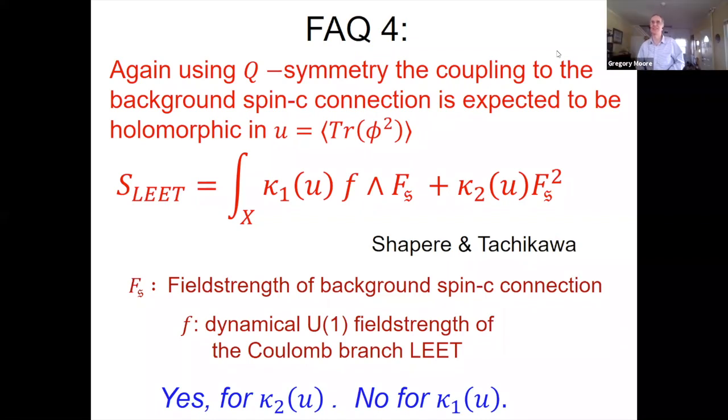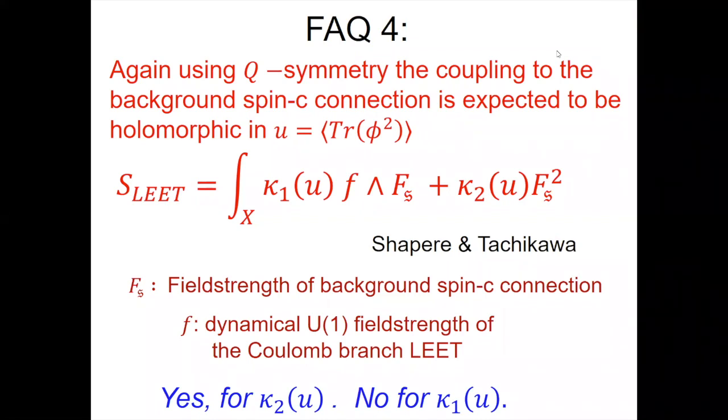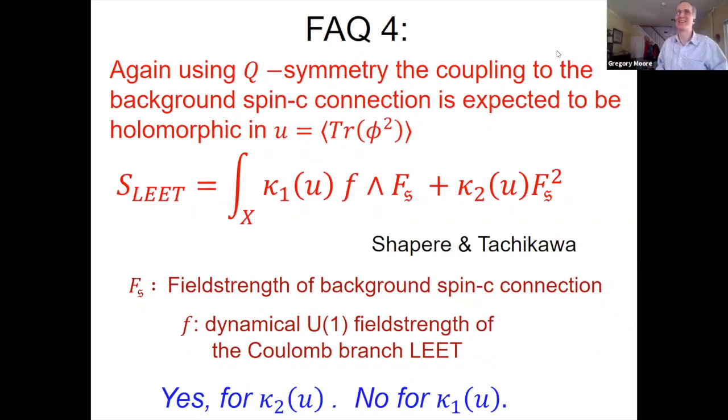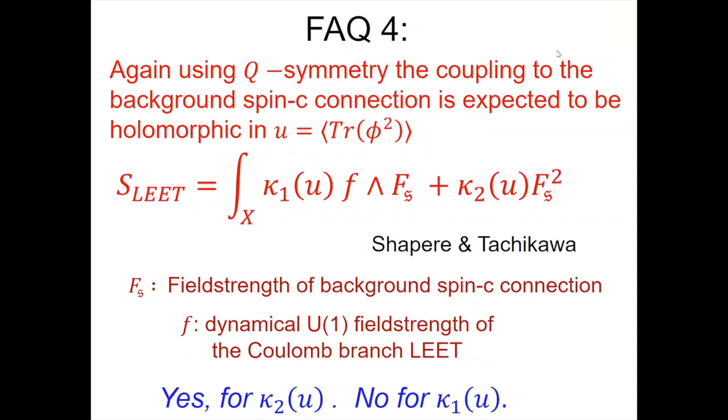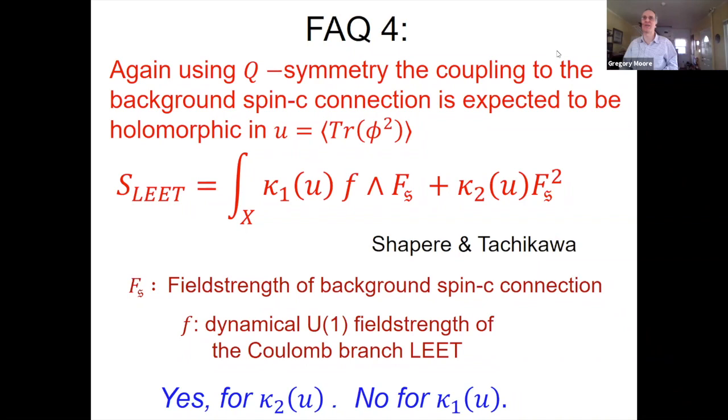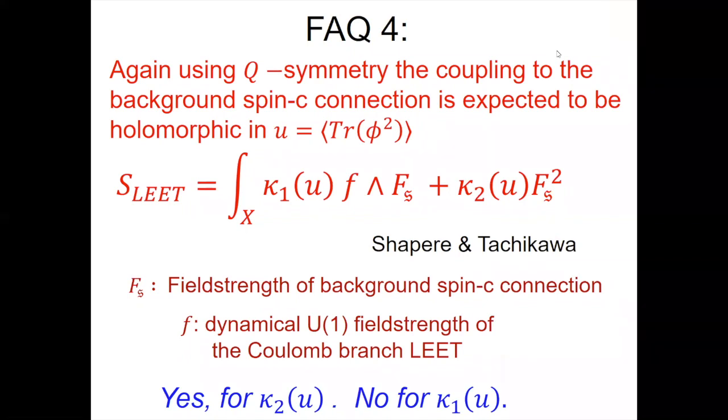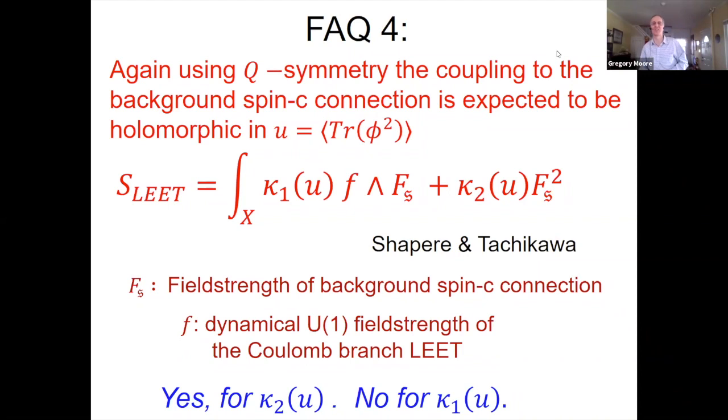Yes, the prepotential should better be holomorphic. You guys are getting upset about exactly the same problem. This prepotential is really the prepotential for an SU(2) times weakly coupled U(1) theory, and that one is holomorphic. Well, of course the prepotential is holomorphic. So what is not holomorphic? This coupling in the effective action is not holomorphic.